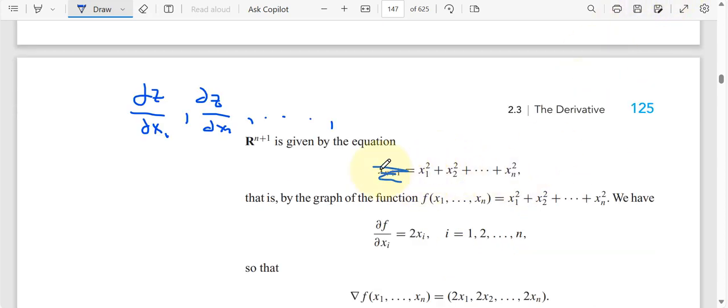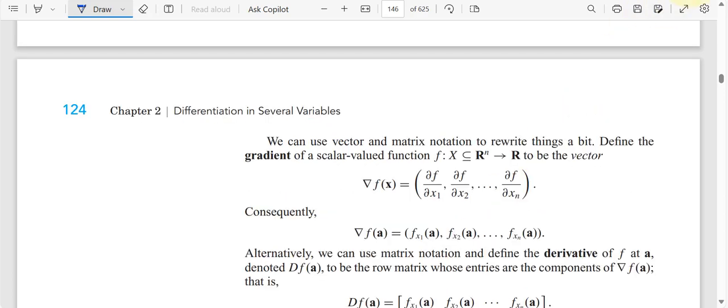So we could ask for the partial derivative of z with respect to x1, the partial derivative of z with respect to x2, and we could just keep going until we got to the partial derivative with respect to xn. So that's exactly what we were just talking about a few minutes ago. To keep things a little bit more organized, let's say that function was called f.